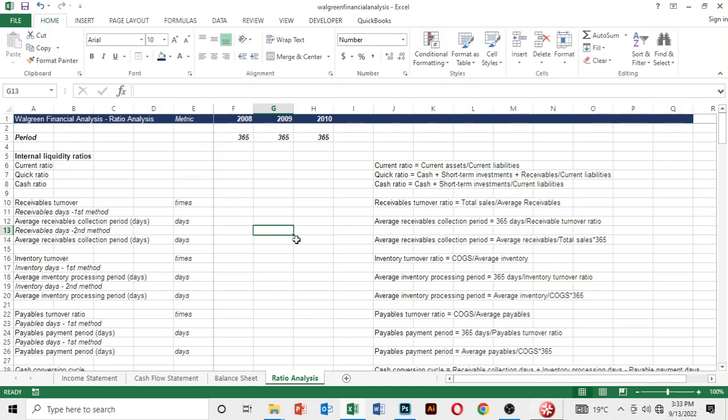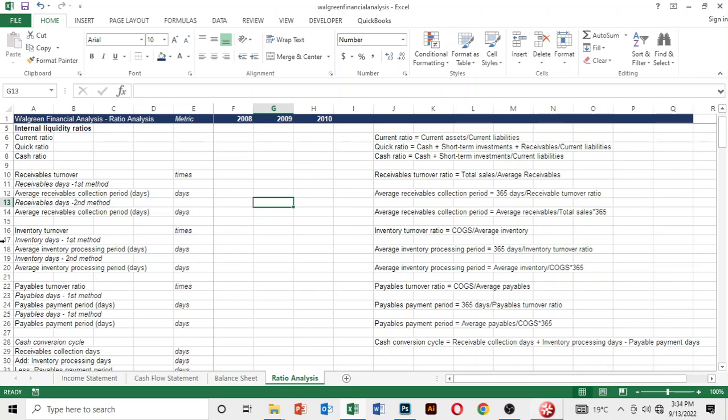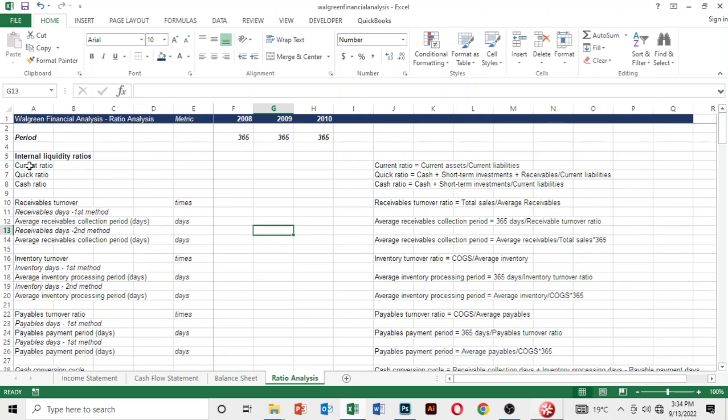First of all, like I said before, we want to compute internal liquidity ratios. We've got the current ratio, the quick ratio, the cash ratio, and the receivables turnover. In summary, we just want to see whether our current assets are able to cover our current liabilities.